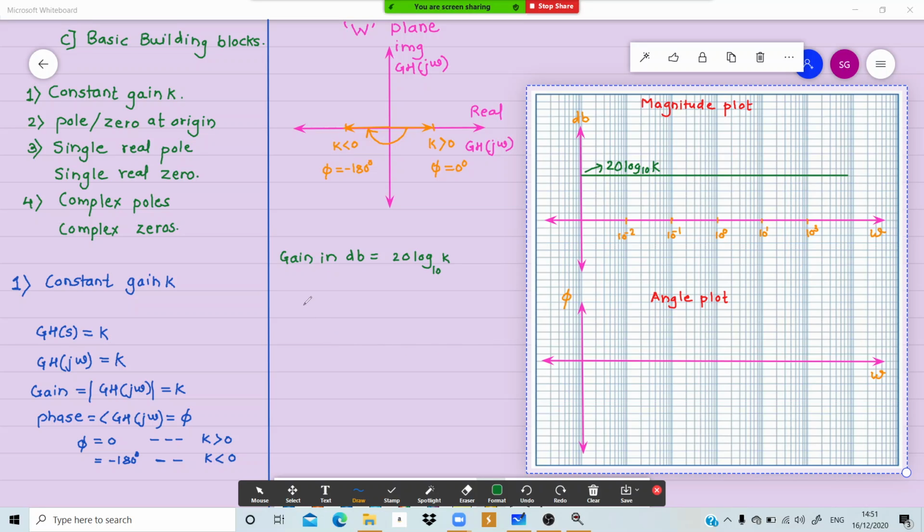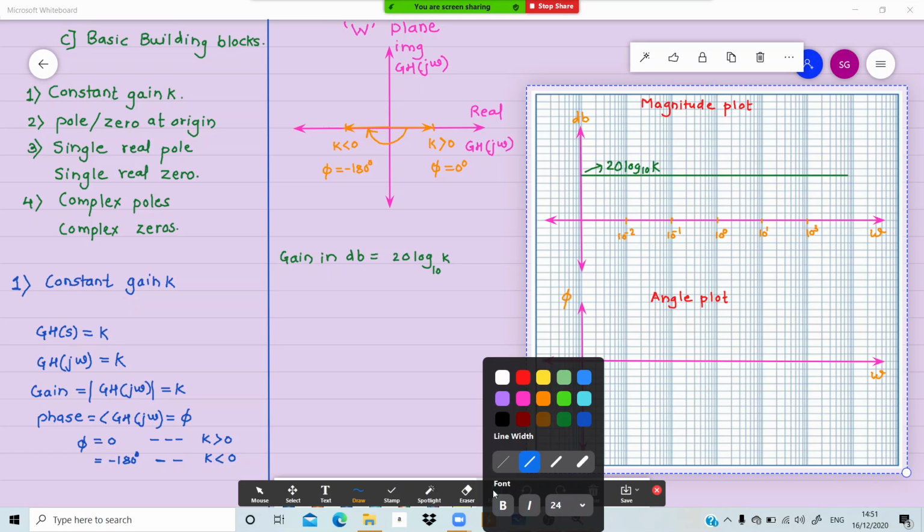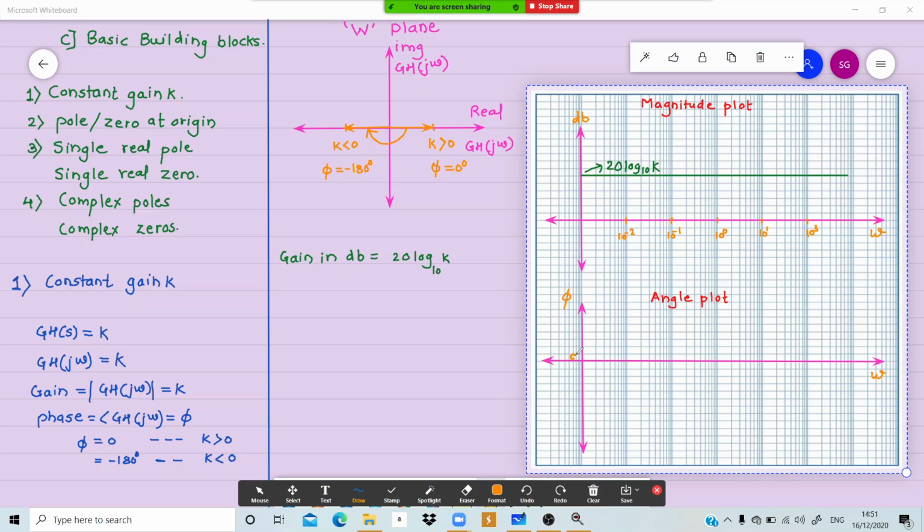On the same line, we have now found the angle, so phi equal to 0 or phi equal to minus 180. Let us say this is 0 degree. 1, 2, 3, 4, 5 divisions will be equivalent to 90, so 90 degrees. Then 1, 2, 3, 4, 5, that means this is going to be minus 180 degrees. Definitely if you are getting some positive values, it will go in the first and second quadrant, right?